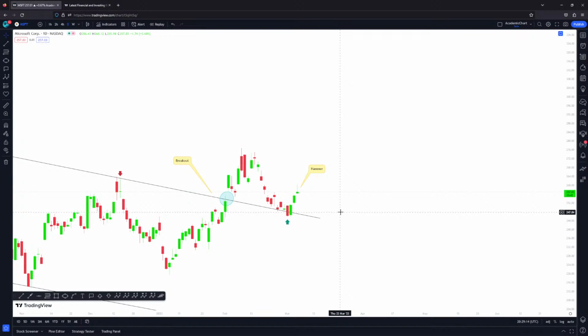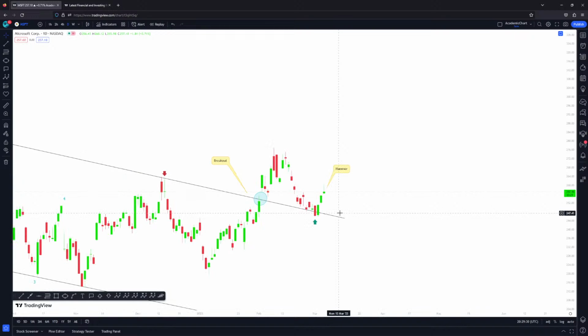These kinds of candles are saying that the just started uptrend is going to be weakened. So this is so important on the daily chart.